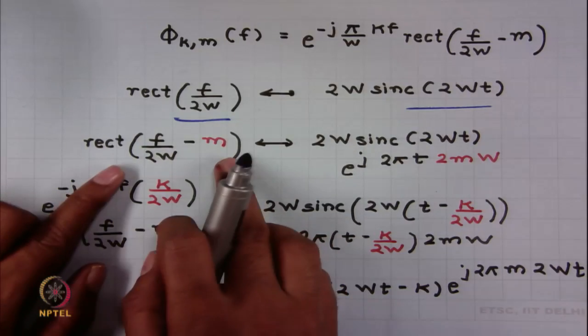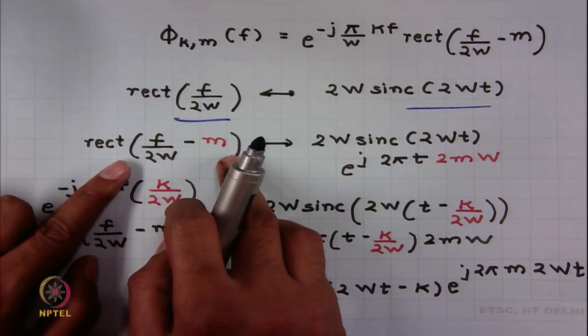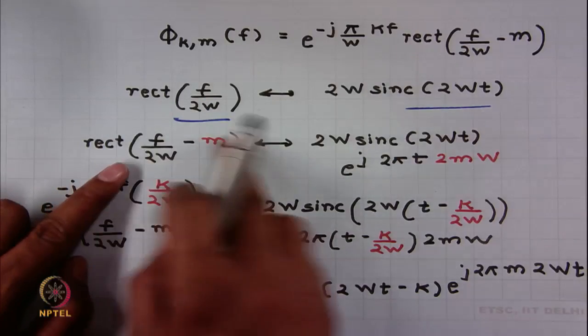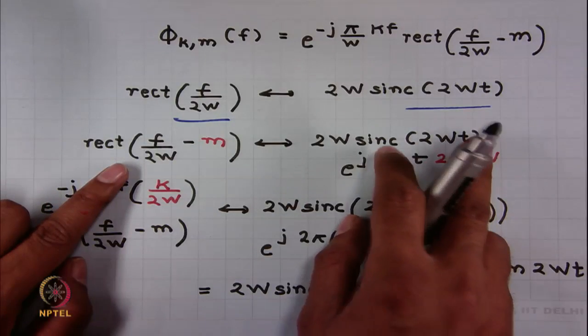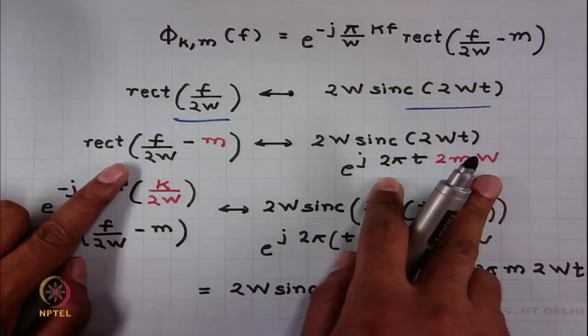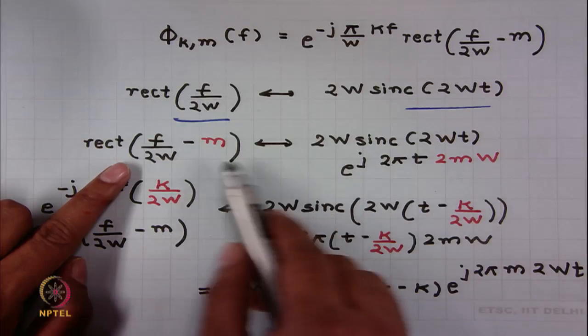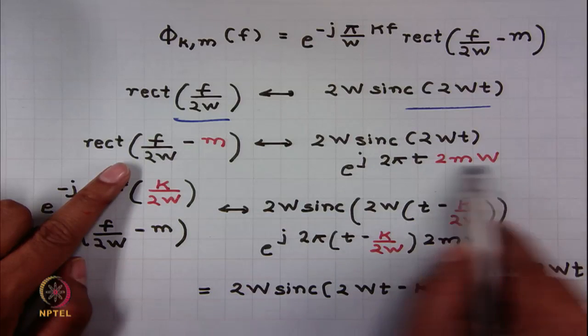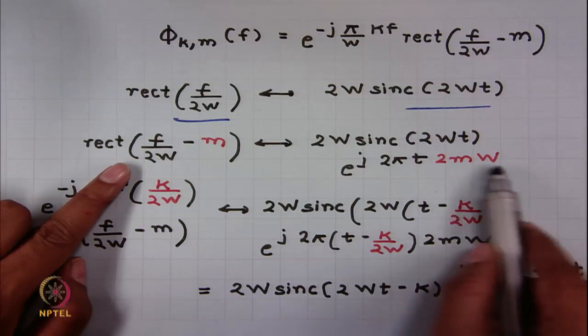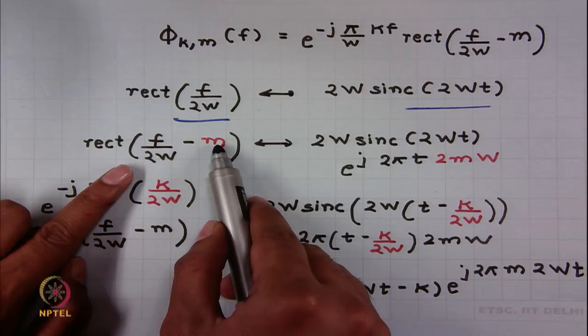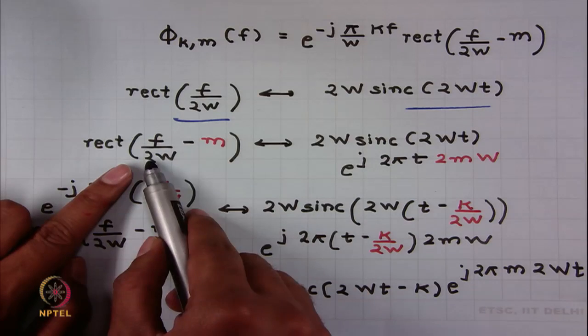The transform of a shifted rectangular function can be obtained by multiplying a sinc function with a rotating complex exponential, and this complex exponential will contain this factor of 2mW corresponding to this frequency shift of m 2W.